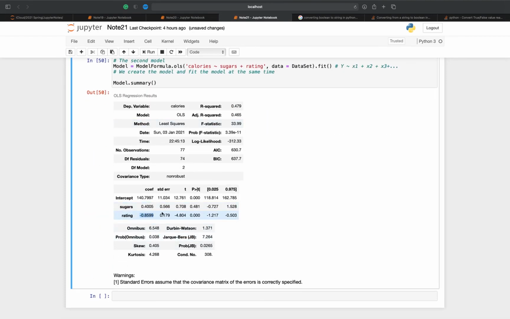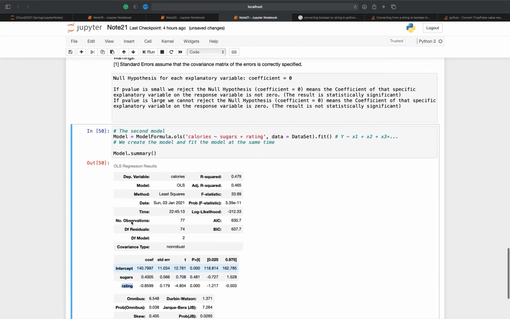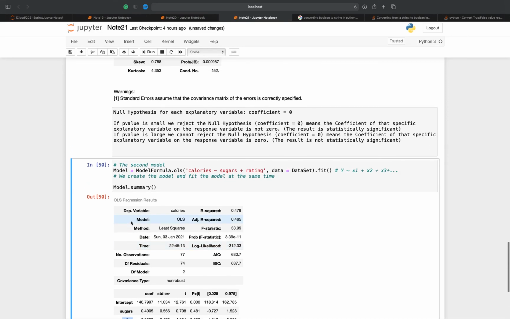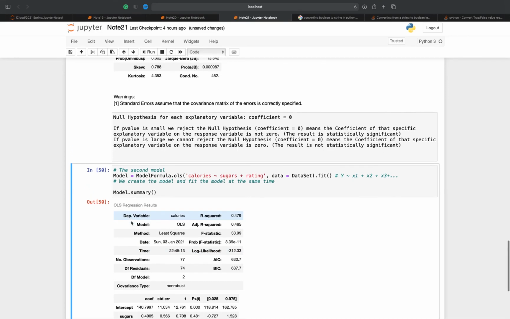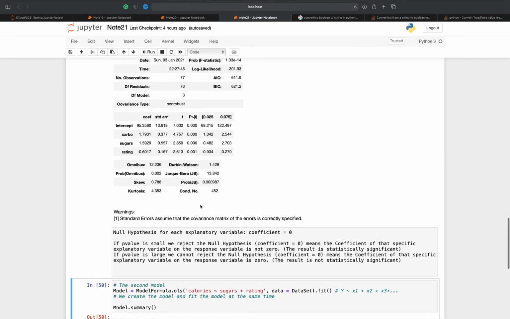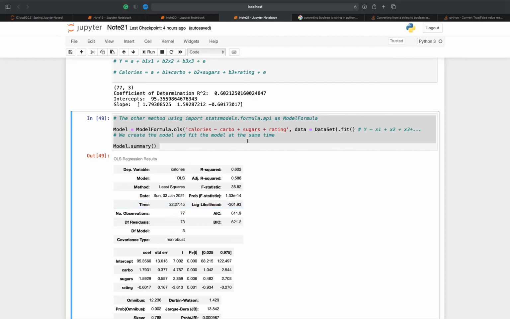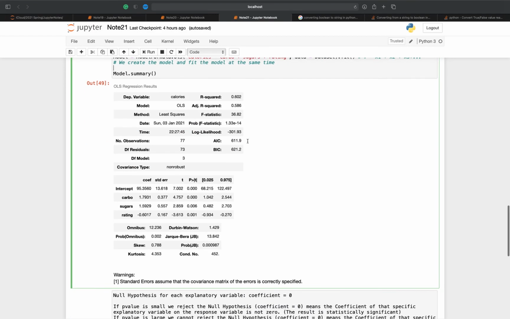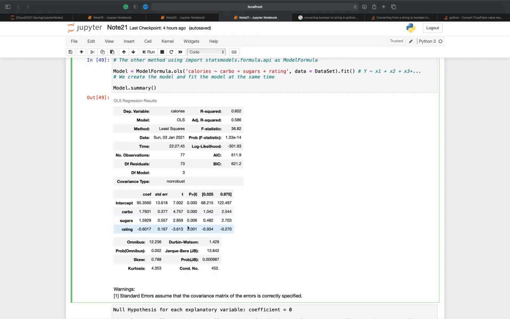So in this model, there is more responsibility on rating compared to the previous model. Now what happens to sugar? It is 0.40, so sugar now has a smaller coefficient on calorie. And look at this: sugar is not significant anymore on calorie, but with carb in the model, sugar had a significant effect.